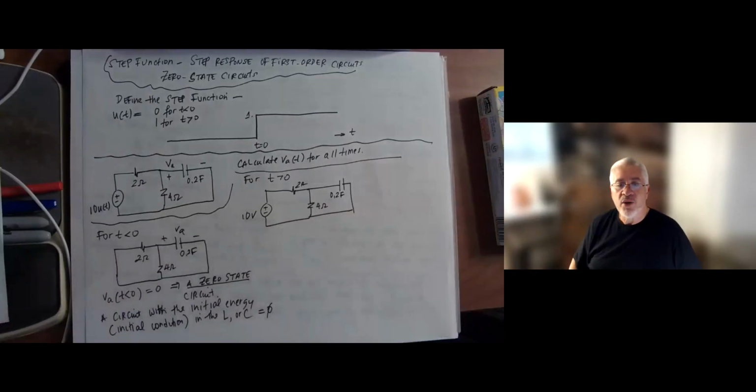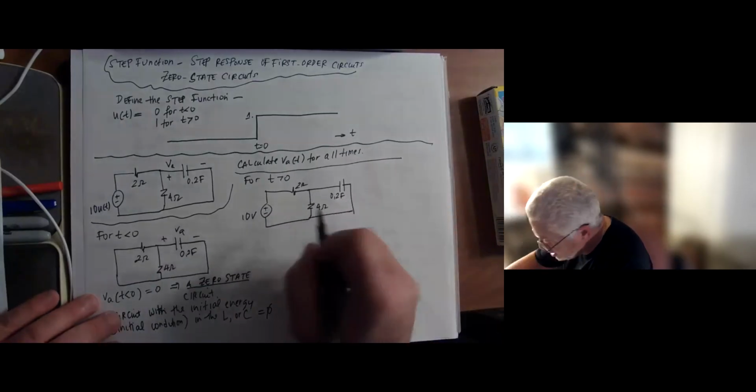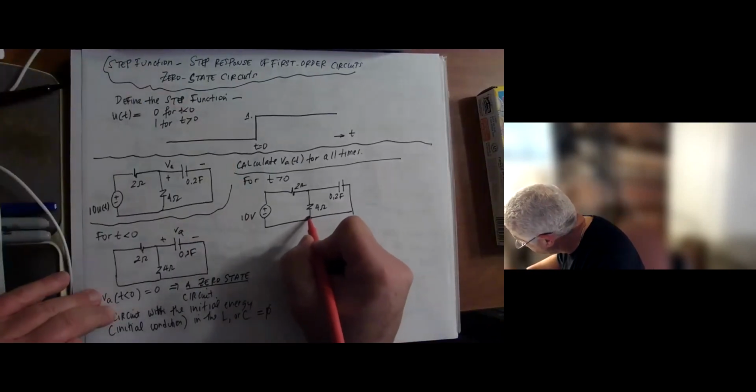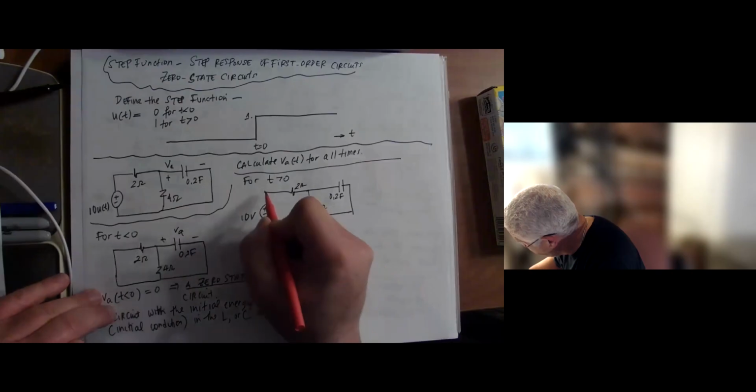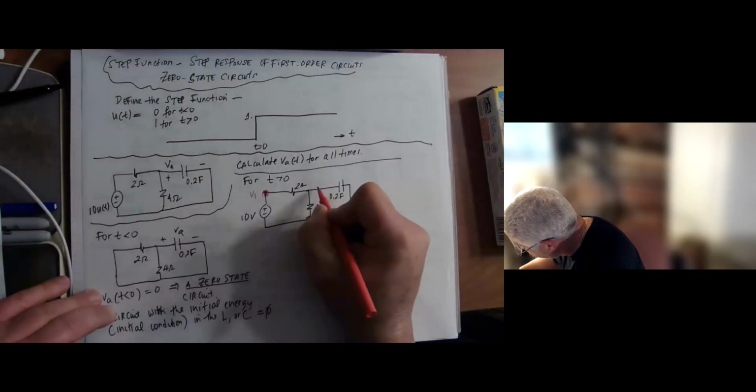That's the circuit for t greater than 0. For the initial condition on VA, I'm going to be using nodal analysis. Here I put my reference node. This is V1, and this is VA.